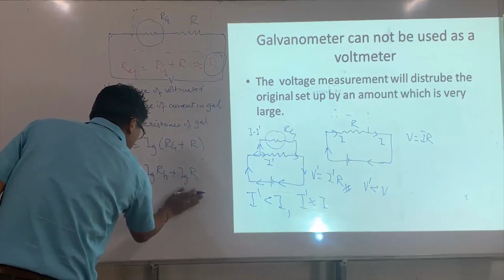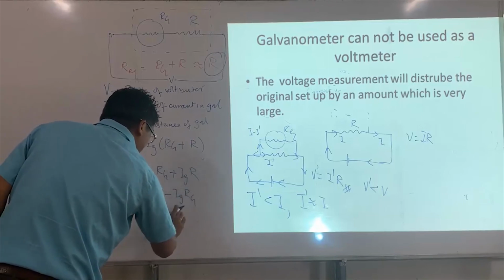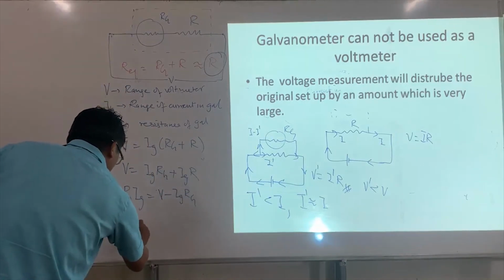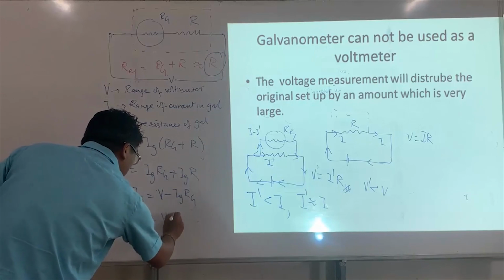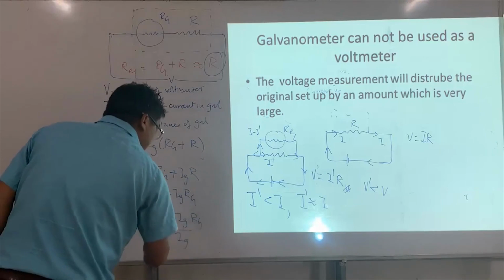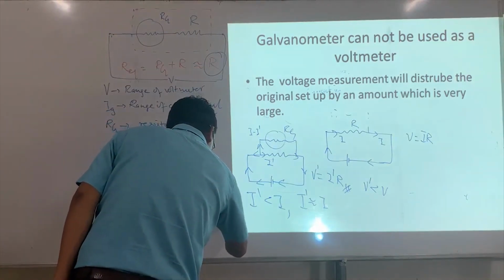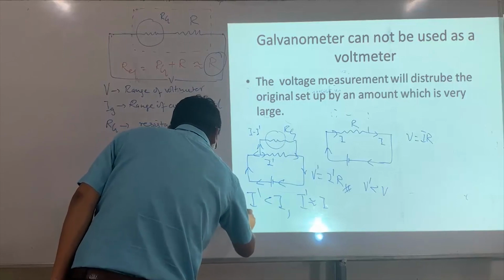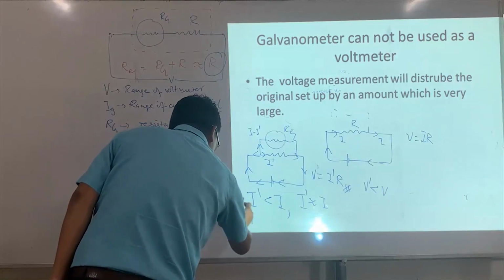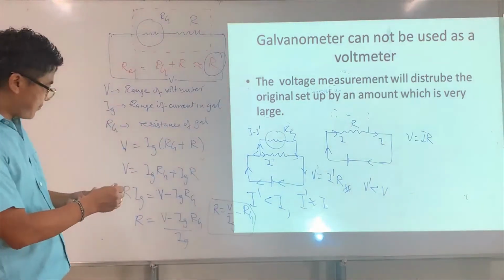I'm sorry, this is going to be like this: V minus Ig Rg. All right. So therefore, R is equal to (V minus Ig Rg) divided by Ig, and this can be written as V by Ig minus Rg. So this is the answer.